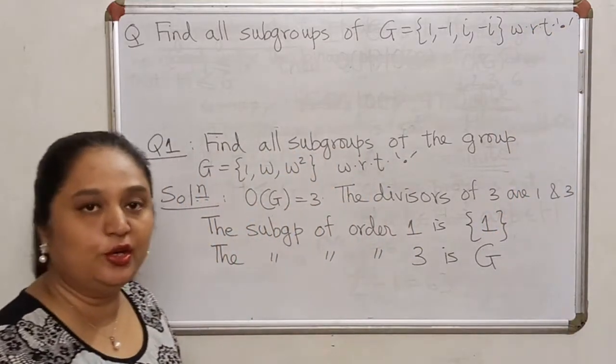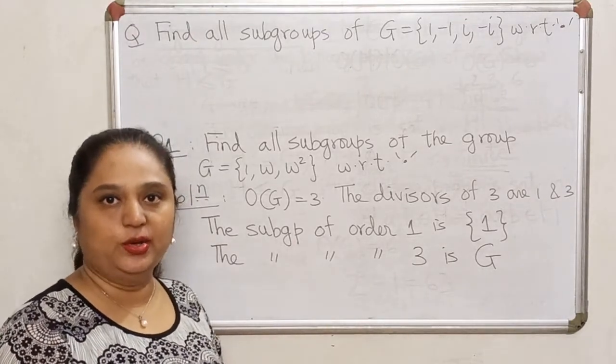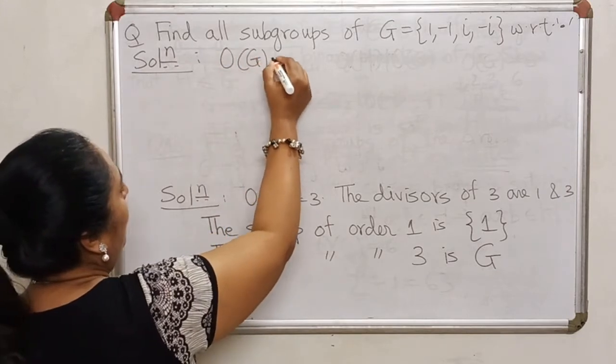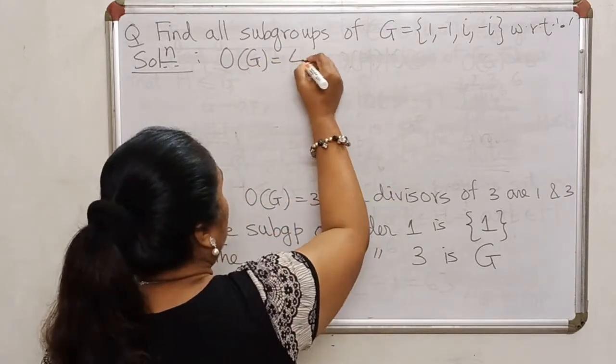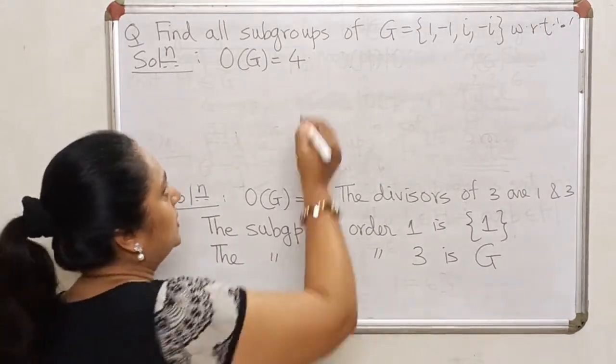Here dot denotes multiplication of complex numbers and i is the imaginary unit. This is a finite group. Look at the order. Order means the number of elements in the group. The order of this group is 4. Find out the divisors of 4.